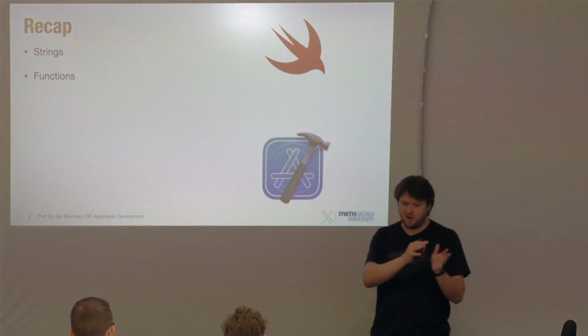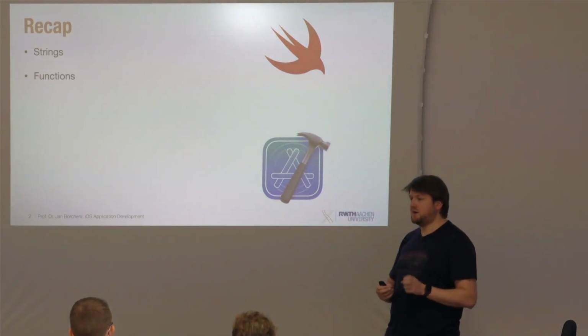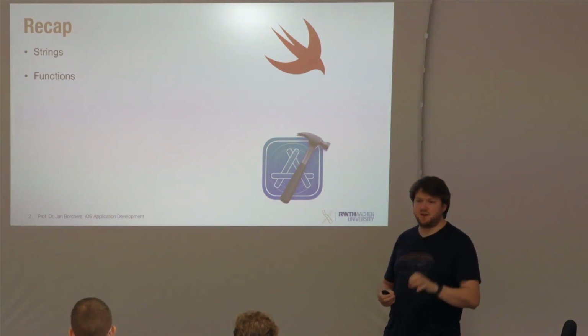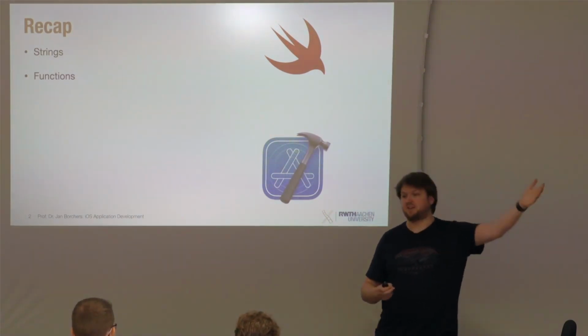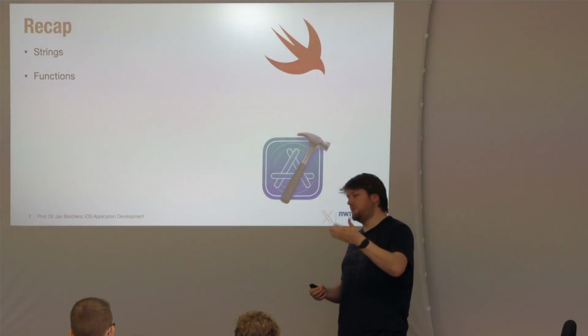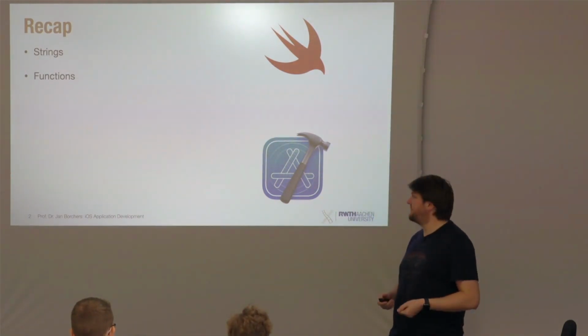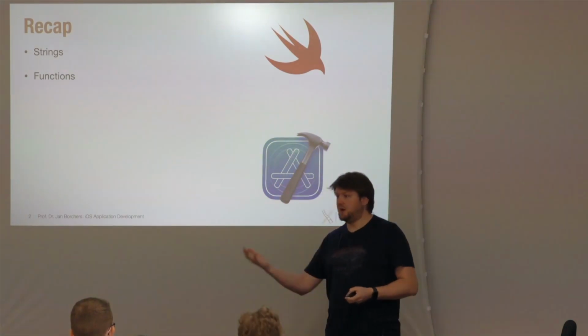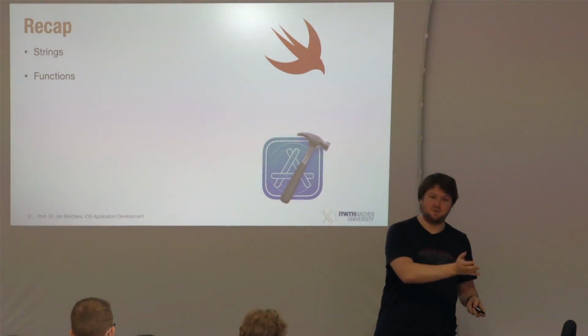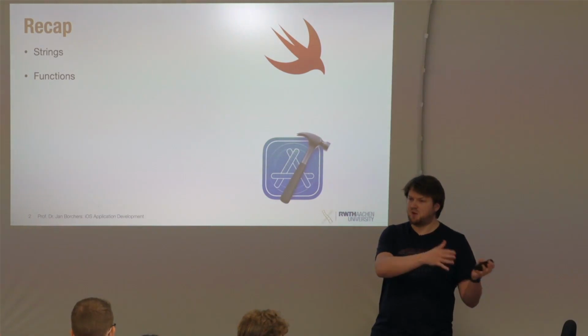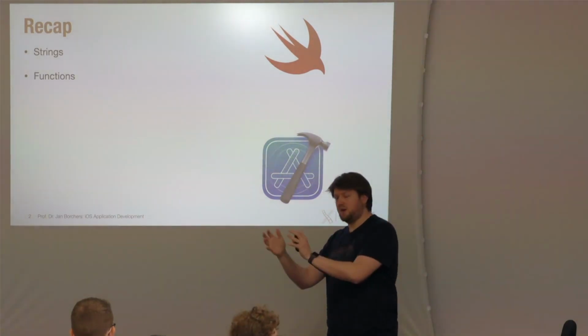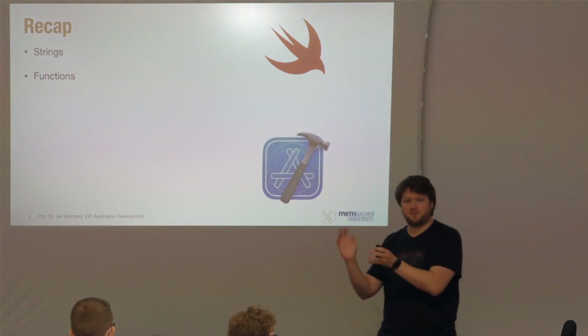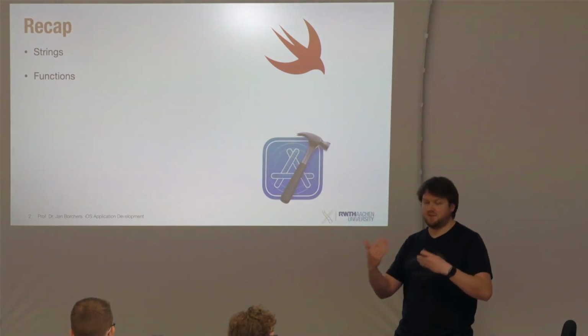So if you only use one value to identify your function, that's both used outside of the function when you're calling it, and also inside the function. But you can also give what they call an argument label, specifying that this function should be called from the outside with a specific set of names, and then inside they have different ones.